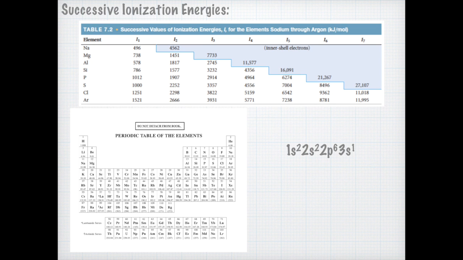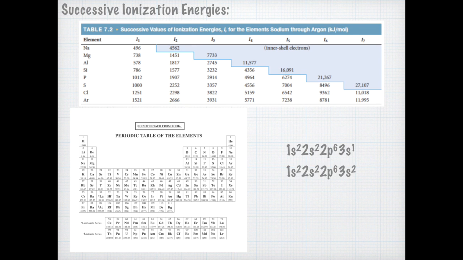Now, after I remove that first electron, if I try and remove a second electron, at that point I'm removing electrons from the inner shell of electrons, which experience more attraction to the nucleus, are closer to the nucleus, and therefore it's going to be a lot harder to do. And so if you notice from I1 to I2, there's a huge jump in ionization energies.